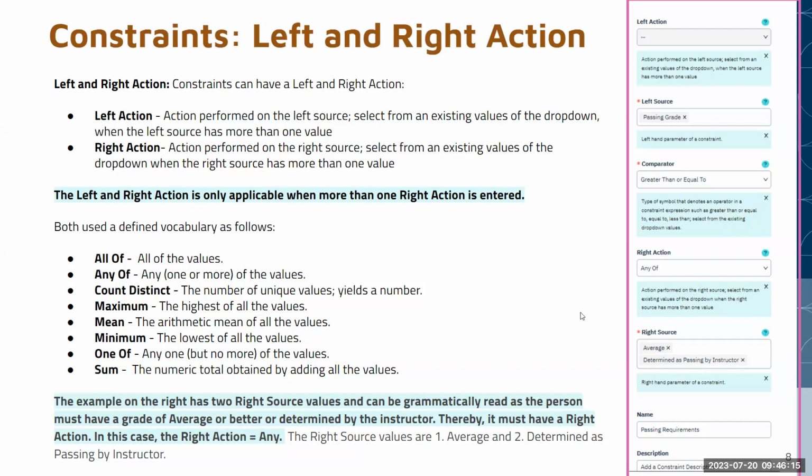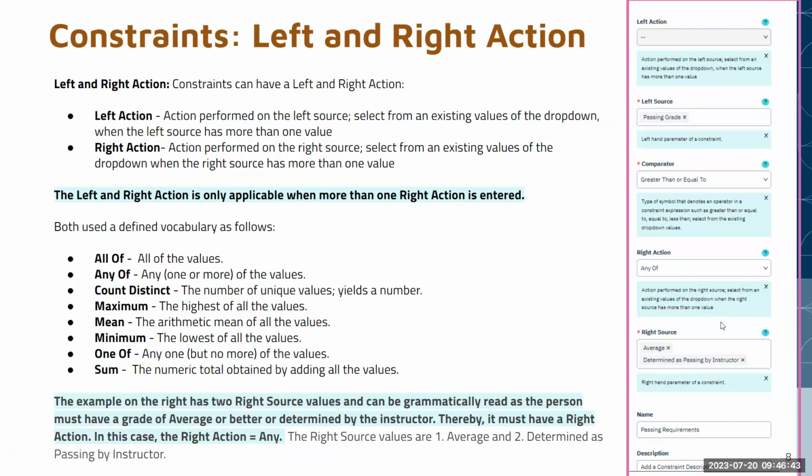But let's take a look first at what you'll find if you have more than one left source or more than one right source. In that case, you would be using the drop down, and you would find, again, another defined vocabulary. And it's pretty straightforward. It's either all of, any of, count distinct, maximum, mean, minimum, one of, or some.